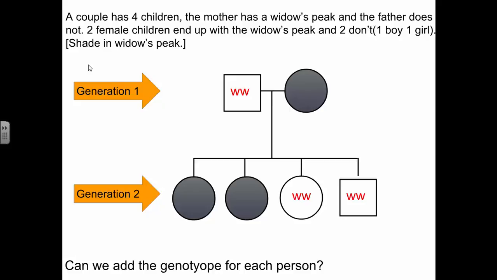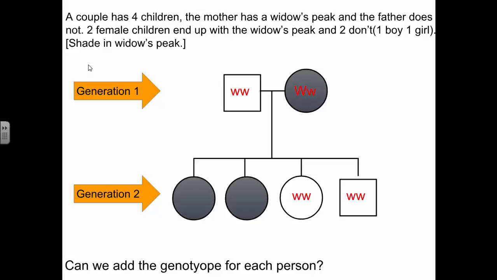So let's look at this. So they have a widow's peak. So we know they must have what? At least one what? One big W. Okay. So what about this person? So we know they have a big W. Why do we know they have a little w as well?